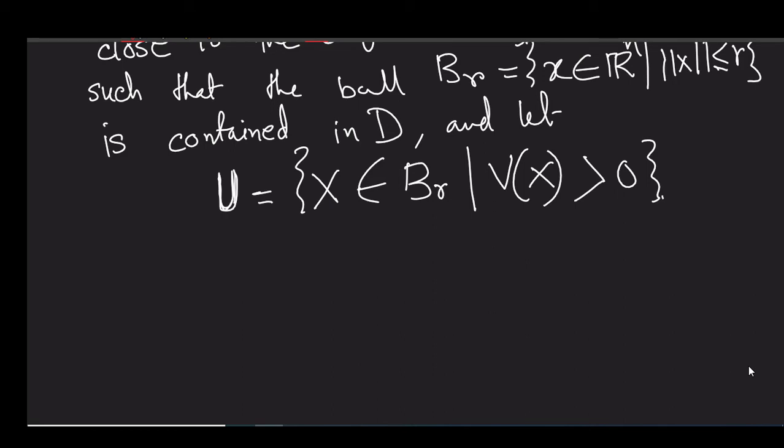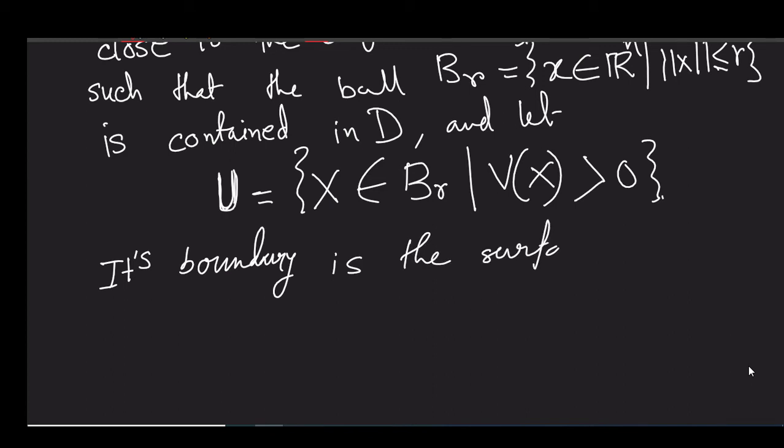Now its boundary is the surface V of x equal to 0, and that surface is like a sphere.